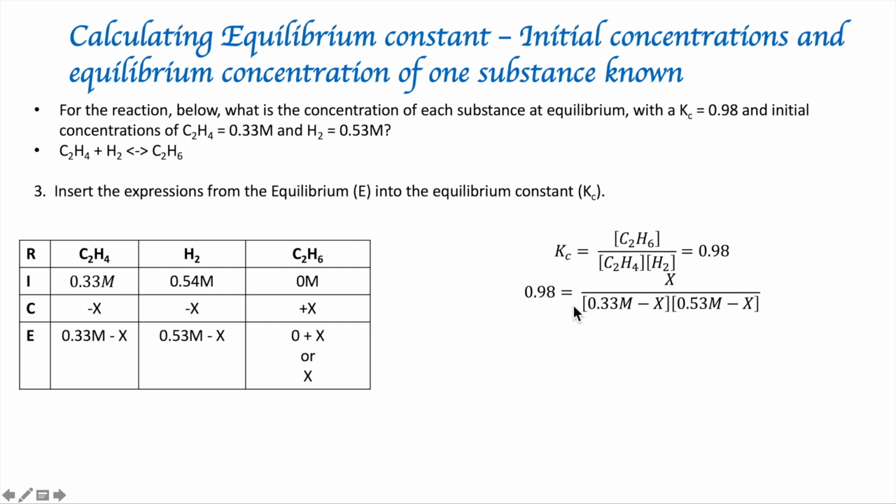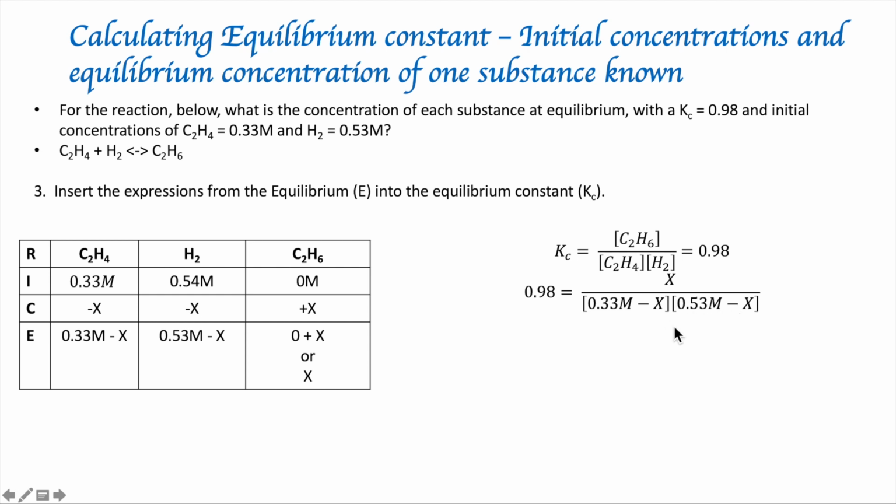So 0.98 is your constant. C2H6 is x, so I have x over here. C2H4 is 0.33 molar minus x, and H2 is 0.53 molar minus x. And we want to solve for x.